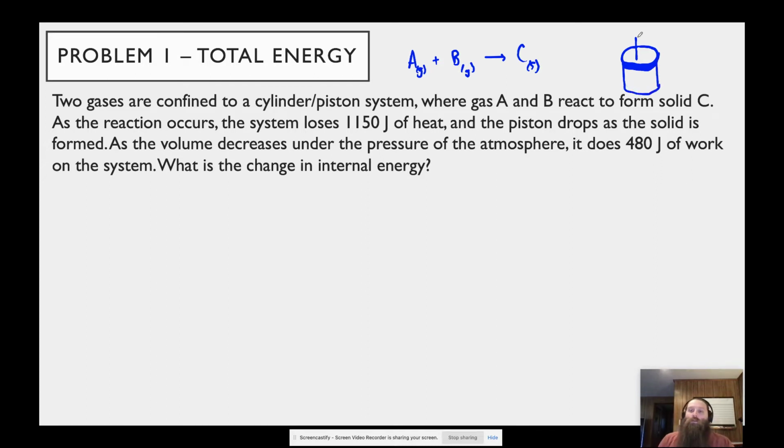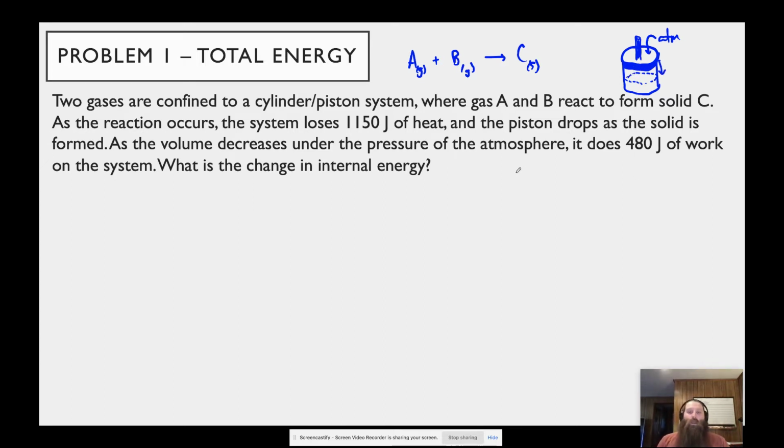So the only thing pressing on the cylinder is the atmosphere, because we're not in a vacuum. And as A and B react and form the solid, it takes up less volume than the two gases, so we would expect our piston to drop. So it's going to drop down lower.